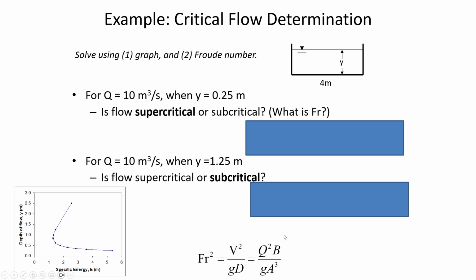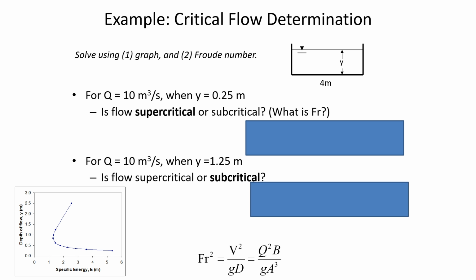Now, double check that. Calculate the Froude number. So the Froude number, Fr, is the square root of Q squared times B divided by g A cubed. All right, so if we've got 10 cubic meters per second, B for this rectangular channel is 4. Okay, so it's the square root of 10 cubic meters per second squared times 4 meters is the width divided by g, 9.81 meters per second squared.